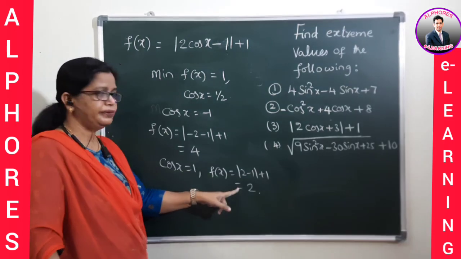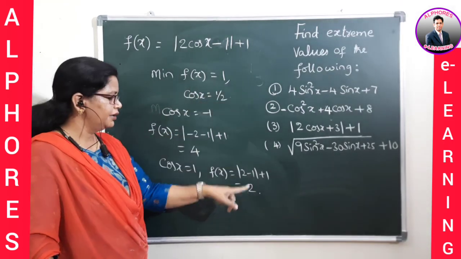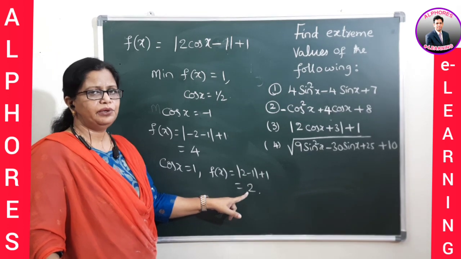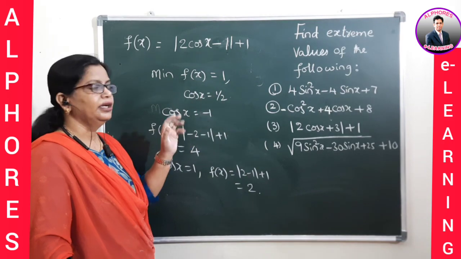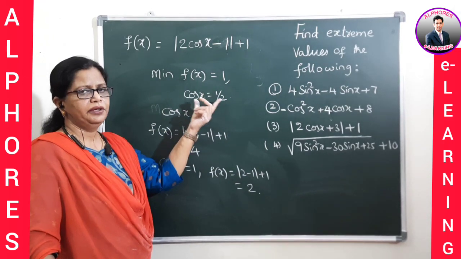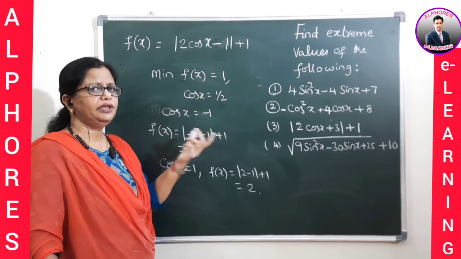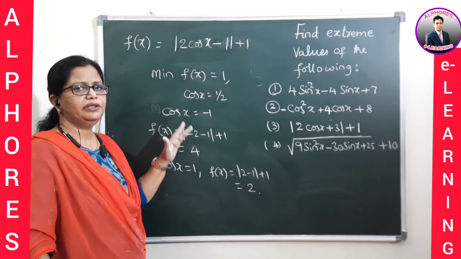You got 2 and 4. But here if you observe, you got a minimum of 1. That means it is still lesser than the 2 you got. Understand? So such kind of mistakes may arise. That's why first of all we have to check whether this kind of value is possible or not. If it is not within the range, then only can you directly start the problem by taking exactly the extreme values.